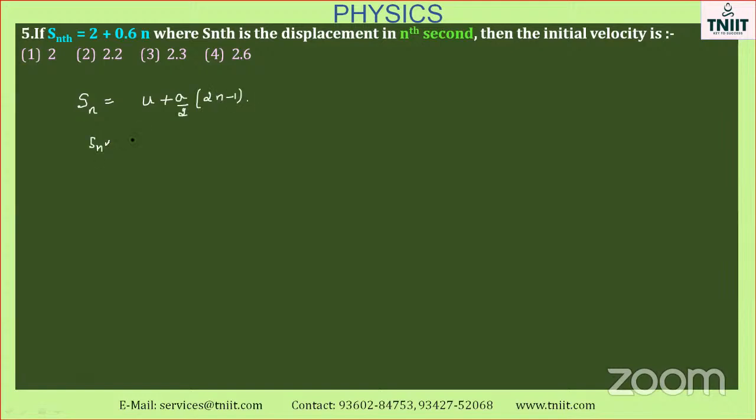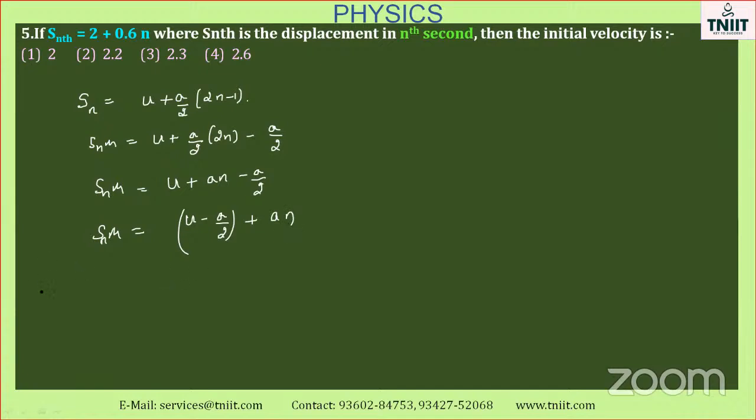So it is u plus an minus a by 2. So the distance traveled in the nth second is u minus a by 2 plus a into n.